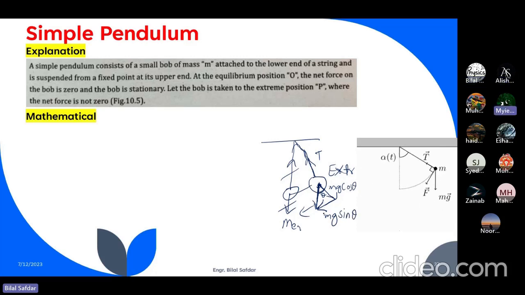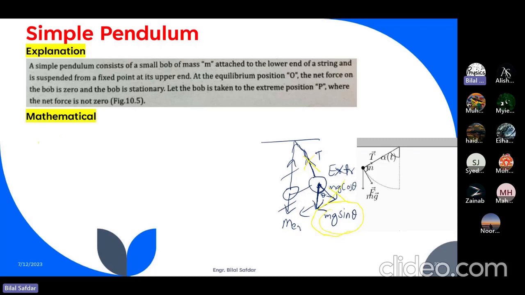You can say that the factor mg cos theta cancels with the tension that is above. Both these factors cancel, but only one factor, mg sin theta, remains, and that is involved in the restoring force.